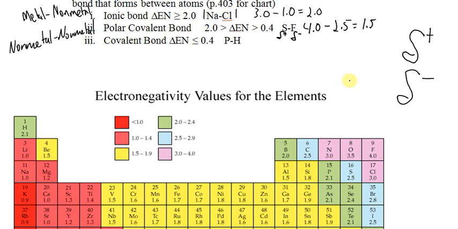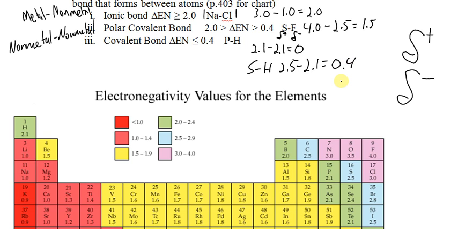And then in the case of the P to H, we have 2.1 minus 2.1, which equals 0. Even something like sulfur to hydrogen at 2.5 minus 2.1 equals 0.4.